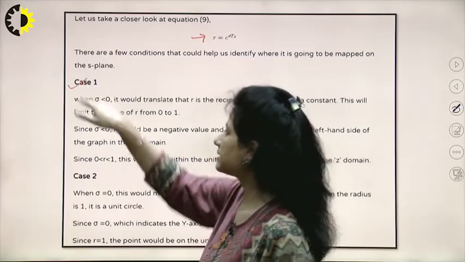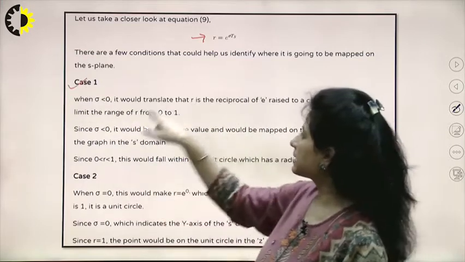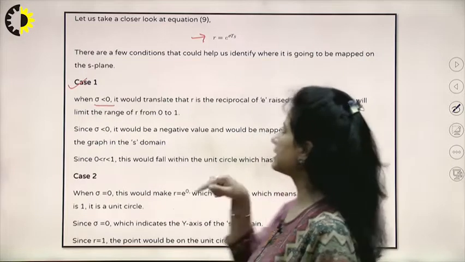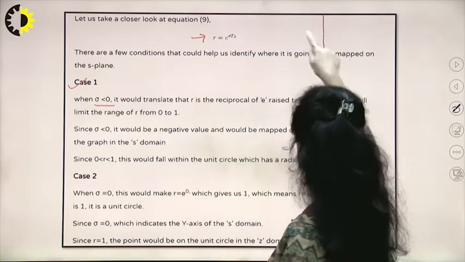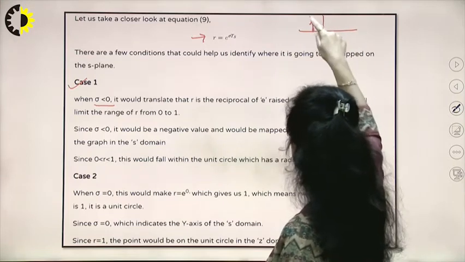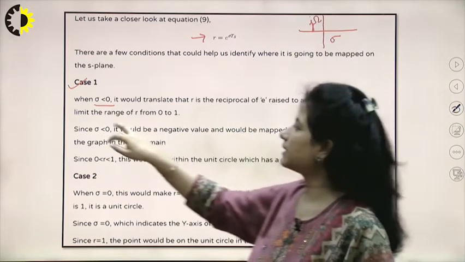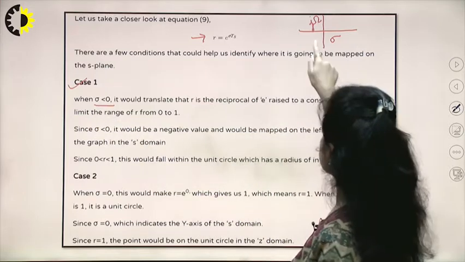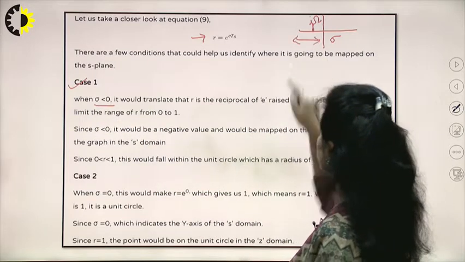Like if I consider case 1 in which sigma is less than 0. For that you have to look at the graph that we represent in my S plane. So when I say that sigma is less than 0, that means I am talking about this particular area.